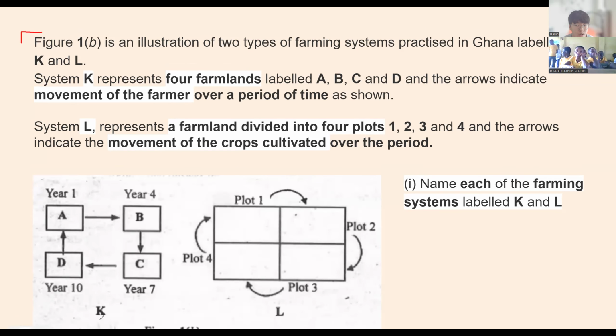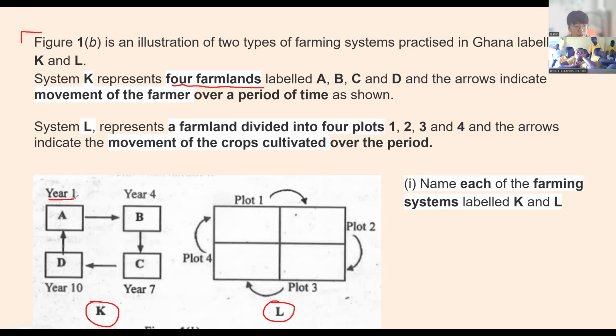We have two farming systems, K on the left and L on the right. System K represents four farmlands labeled A, B, C, and D, and the arrows indicate movement of the farmer over a period of time as shown.